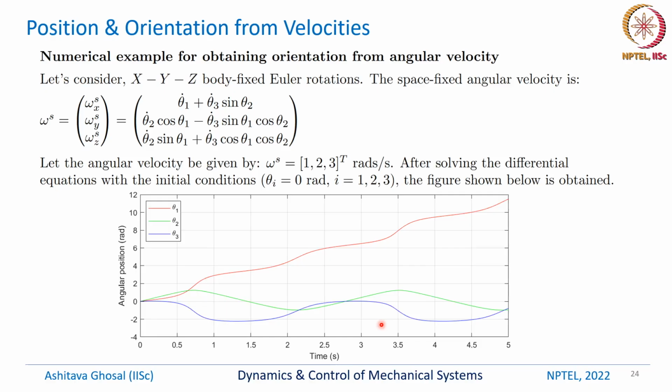So the moral of the story is that for orientation we have to solve a set of coupled nonlinear differential equations. These are ordinary differential equations, whereas in the case of position we just integrate each one separately. The x component integration, Vx will give you x, Vy will give you y, Vz will give you z.